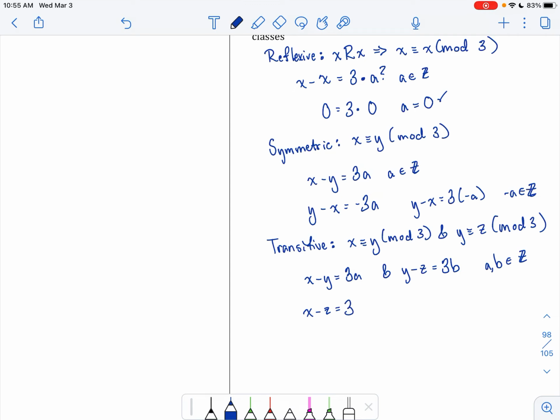x by itself is equal to 3a plus y, and z by itself, if we're looking at this section, is y minus 3b. So then x minus z is equal to 3a, the y's cancel out.